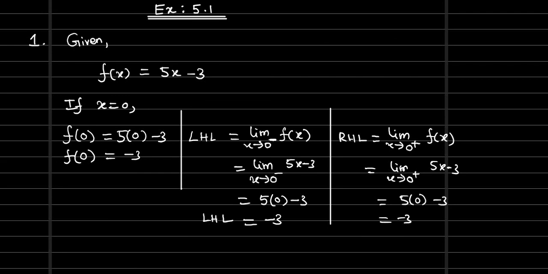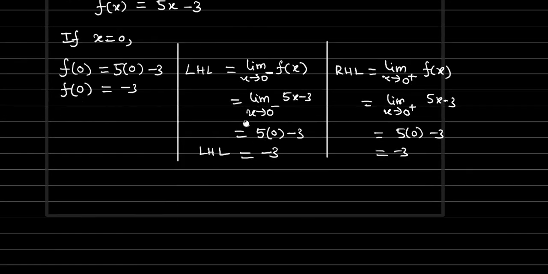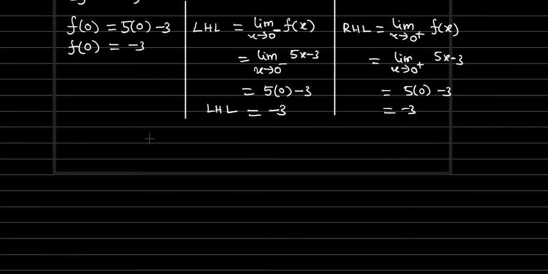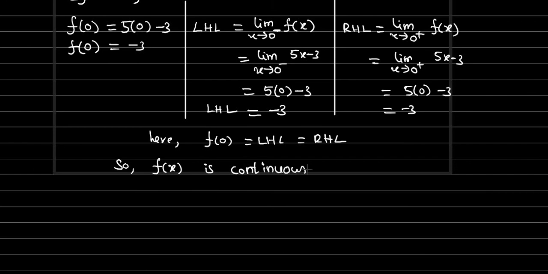Now if you have noticed, the f of 0 value, left hand limit value and right hand limit value are the same. So f of 0, left hand limit and right hand limit values coincide. So f of x is continuous at x equal to 0.